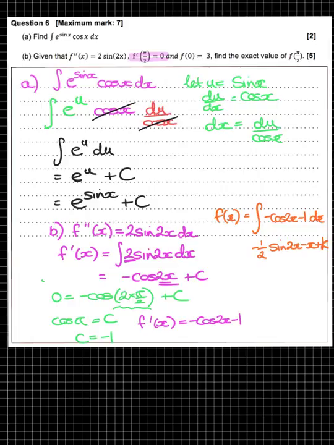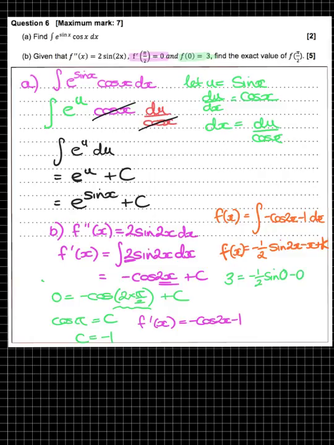Okay, so that's what f of x looks like so far. What we know about f of x is this little bit of information here, is that f of 0 equals 3. So let's use it. Okay, it equals 3 when we sub in 0. Well, that's negative a half of sine of 2 times 0. I'm just going to write 0.